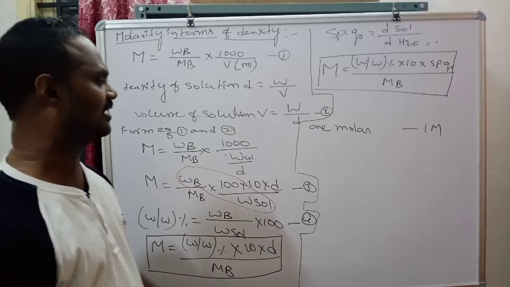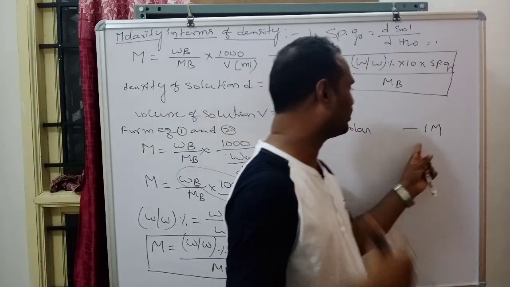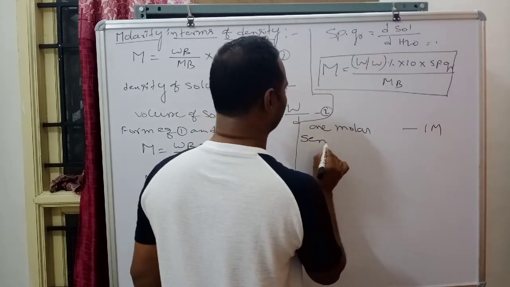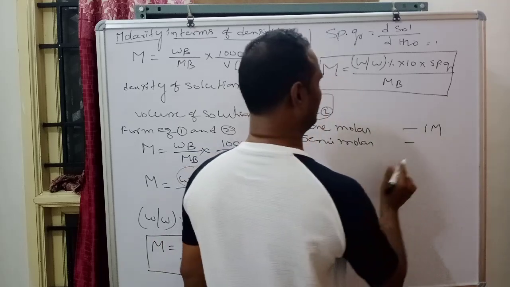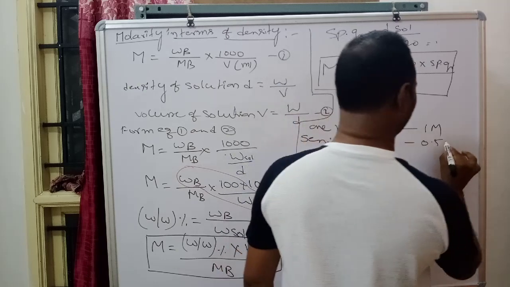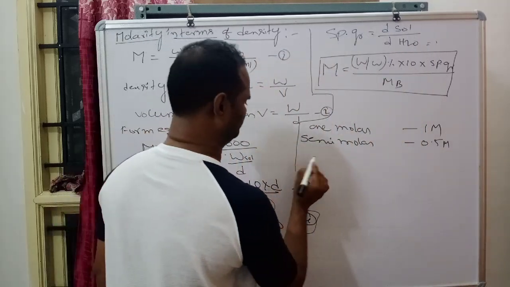Without mentioning all that, they simply write 1 molar solution. Immediately what value do you have to take? 1 M. Semi-molar: semi means half, so semi-molar is 0.5 M.